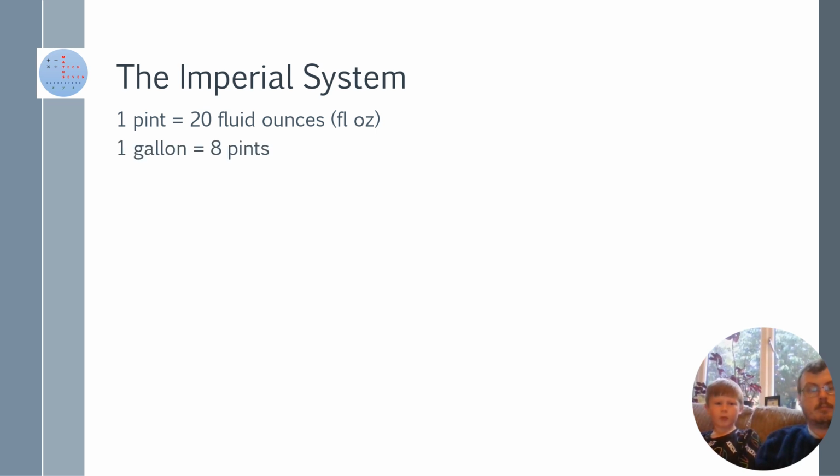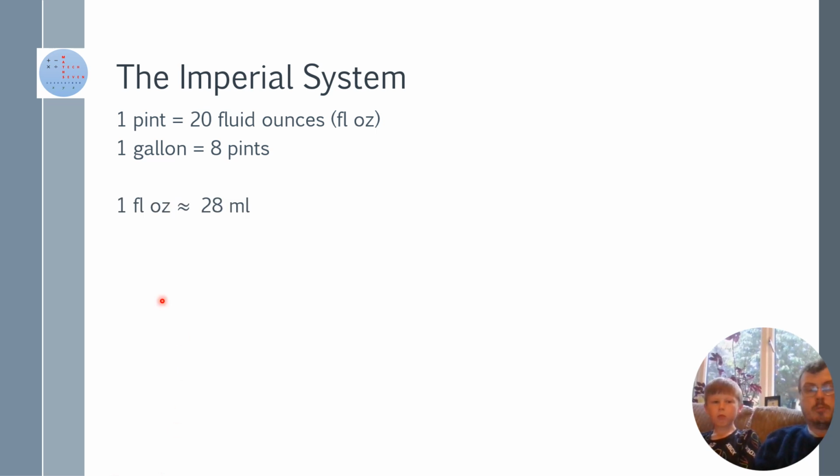So now we're going to look at the imperial system of how these conversions are made. So 1 pint equals 20 fluid ounces, which stands for FL with a finger space and then OZ. And a gallon equals 8 pints.